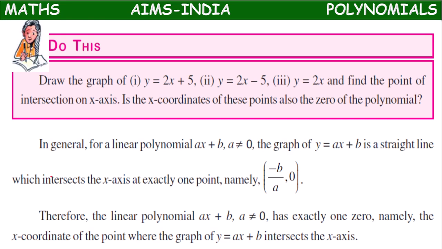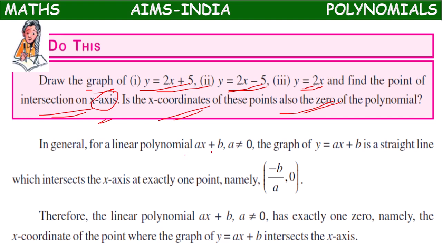Children, in the same way, you can draw the graphs of y equal to 2x plus 5, 2x minus 5, y equal to 2x, find the point of intersection on the x-axis, find the x-coordinate of those points, and find the zeros of those polynomials. Do that as homework.